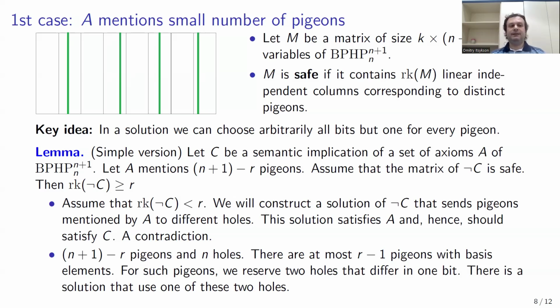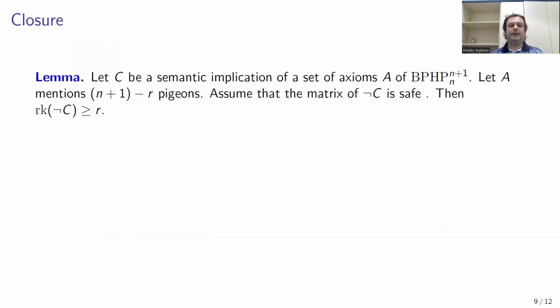In this lemma, we indeed get a good rank lower bound, but we assume that the matrix is safe. Unfortunately, this is not necessarily the case. Here we start from the last lemma. The disadvantage is that we require that the clause C is safe. Now assume the weaker requirement.